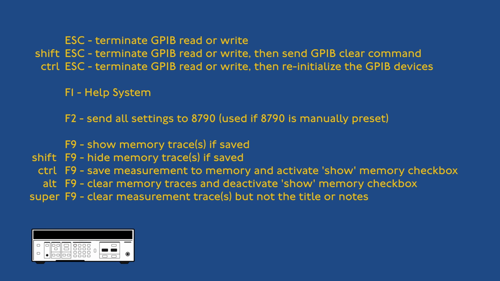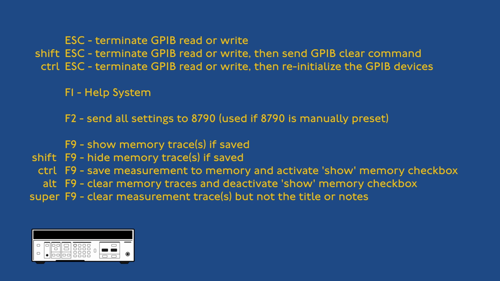There are several hotkeys that the user will find helpful. To prematurely terminate a calibration or sweep, press the Escape keyboard key. This will terminate the program's GPIB read or write operation, but the instrument itself may still be making a measurement. This is likely if, for example, a very high smoothing factor is set.